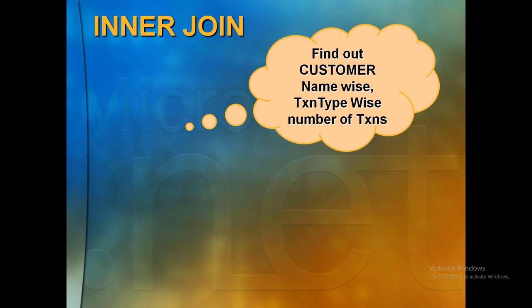For example, Billion: how many cash deposits she has done so far, how many cash withdrawals she has done so far. Again, Bhaskar Jogi, how many cash deposits and cash withdrawals has he done so far. Clear? So I wanted to use two tables.